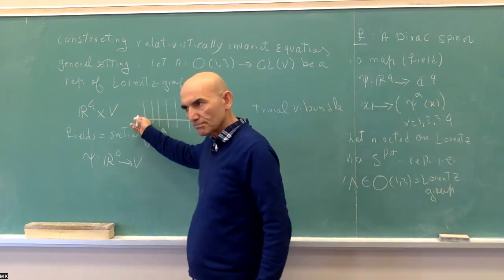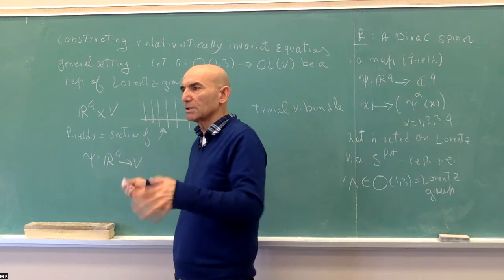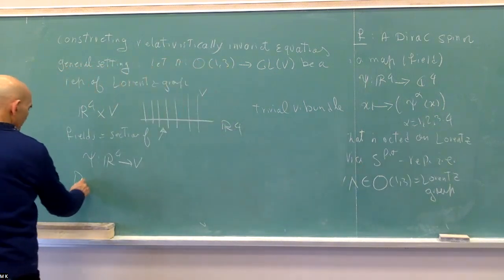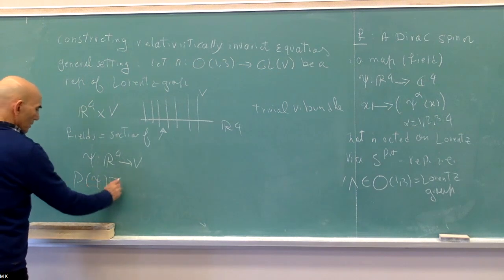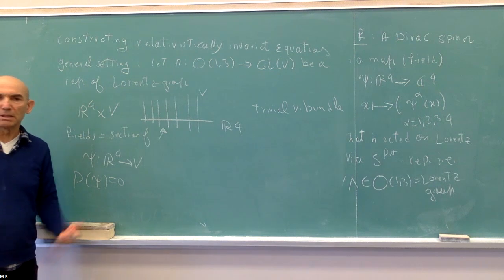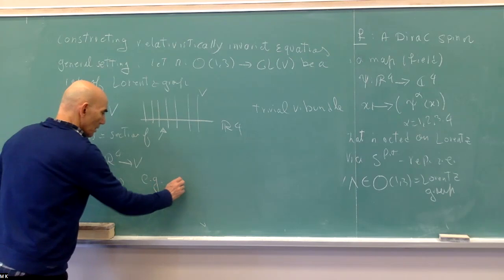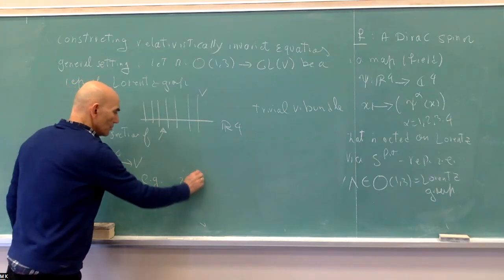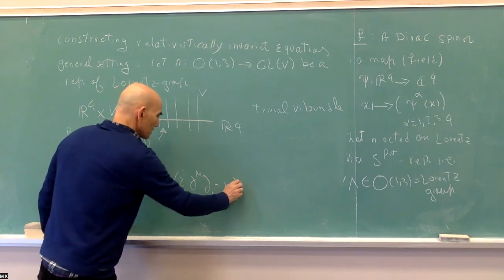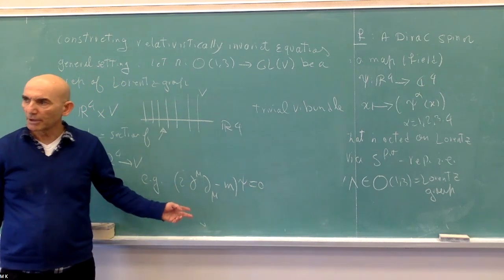But this is very general. Imagine you have some differential equation acting on these fields, like P of psi equal to 0. In the case of the Dirac equation, (i gamma^mu d_mu minus m) psi is equal to 0. This is the famous Dirac equation.